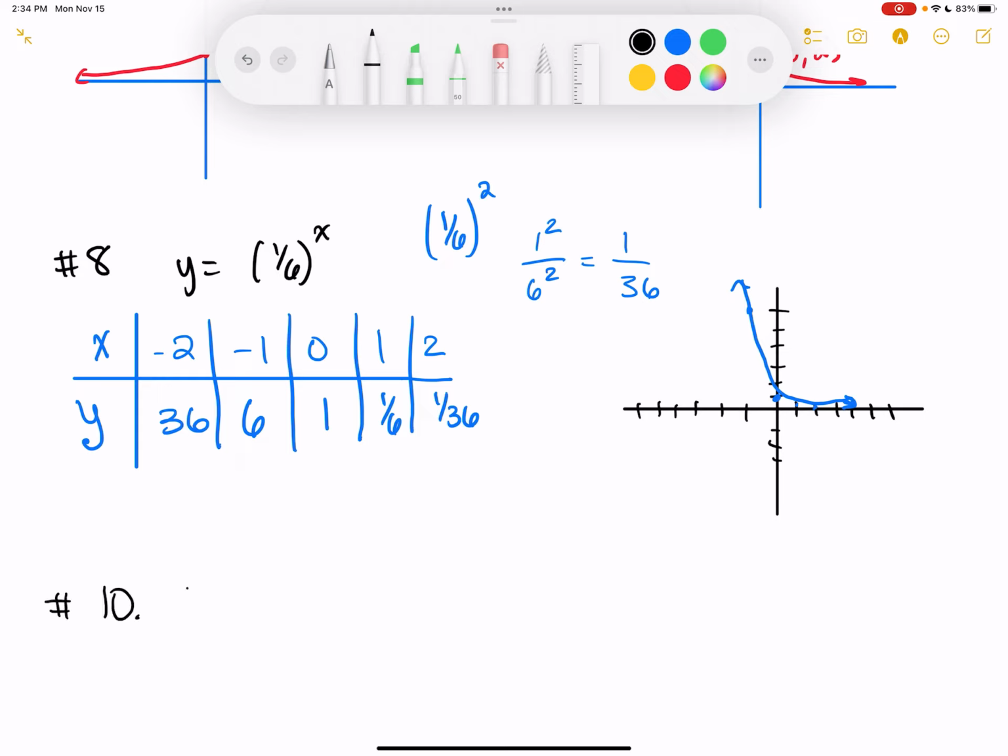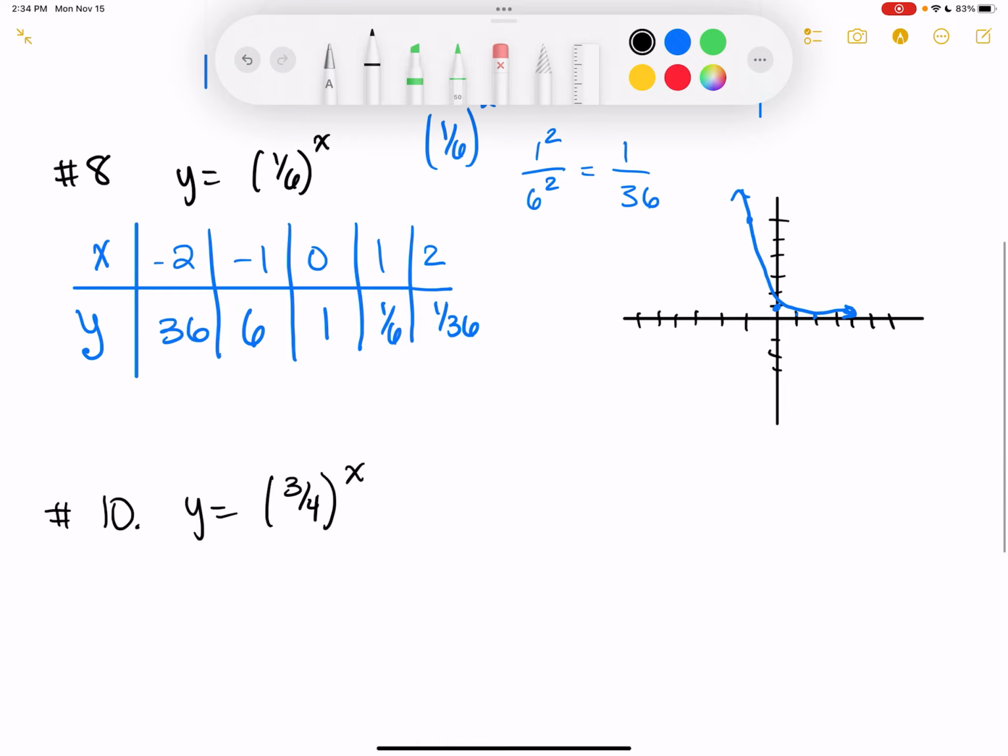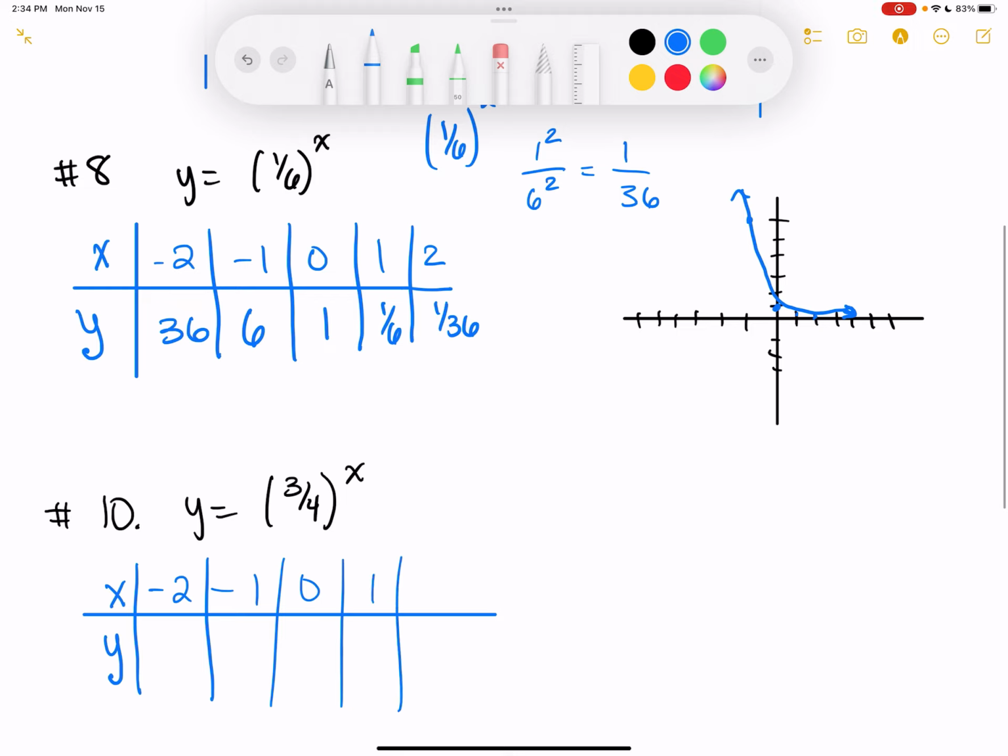Number 10. y equals 3/4 to the x. I'm going to make my table. When x is equal to 0, y equals 1. X equals 1, y is 3/4. X equals 2, 9/16. X equals -1, 4/3.